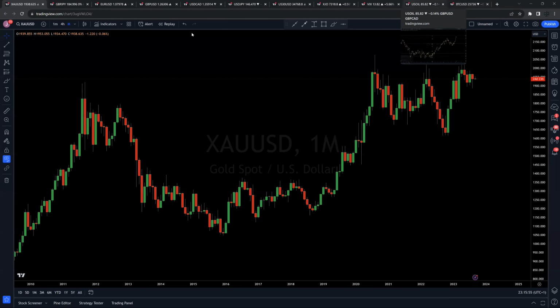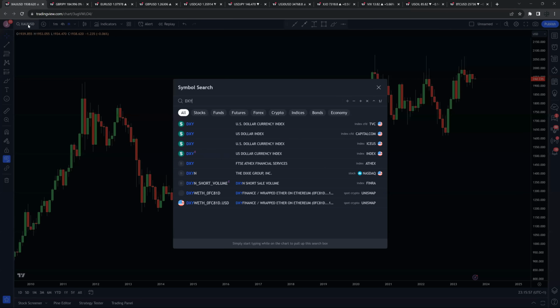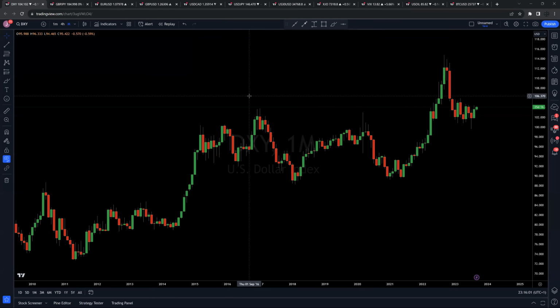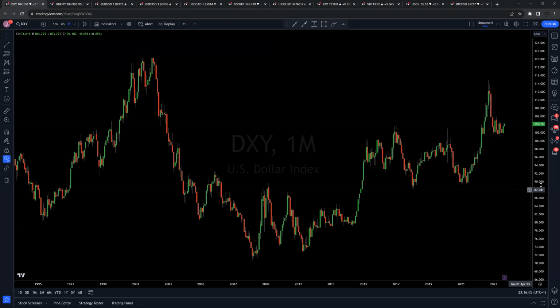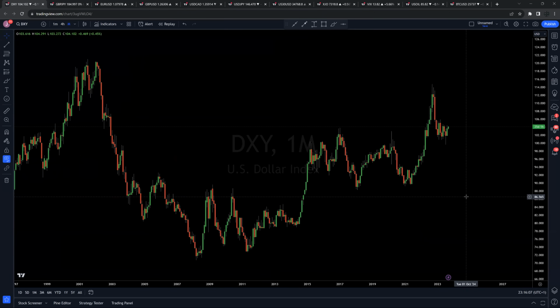Now, let's look at dollar individually, because dollar is very, very important to understand through 2024 as well, because it is your primary market driver on dollar pairs with its position as the world reserve currency.